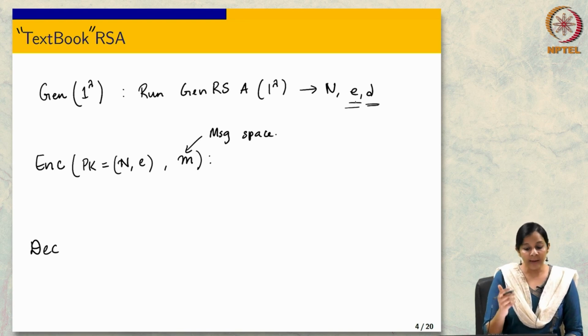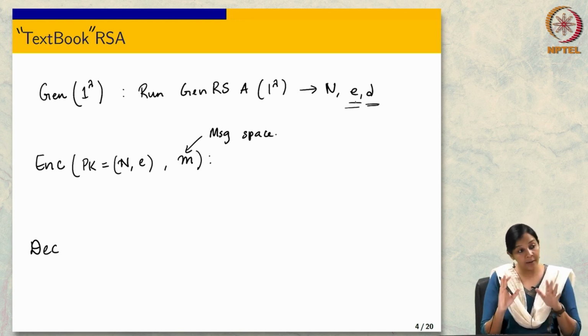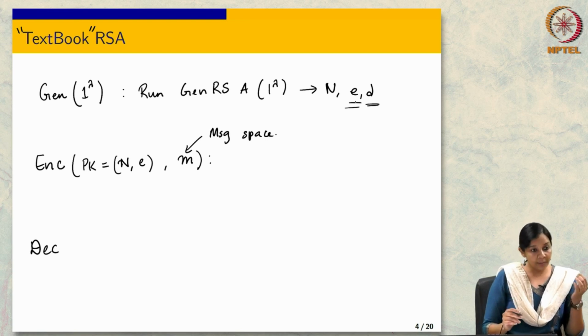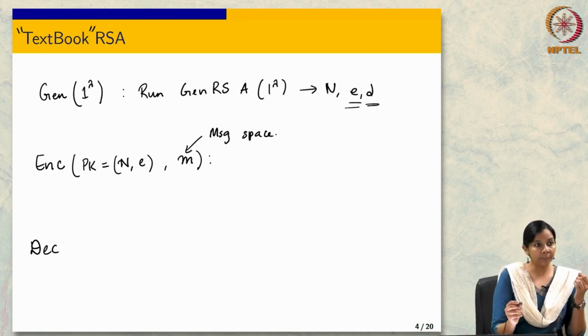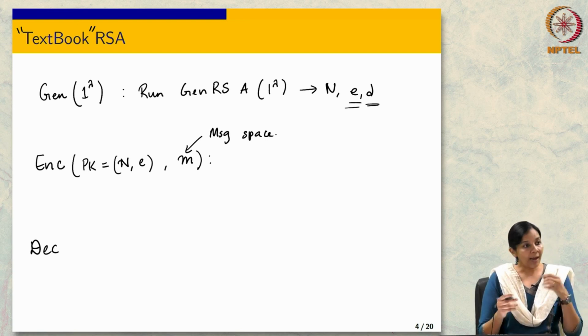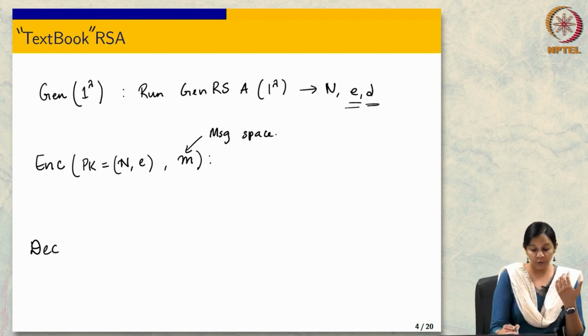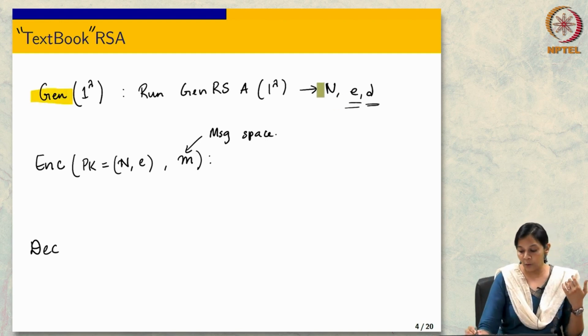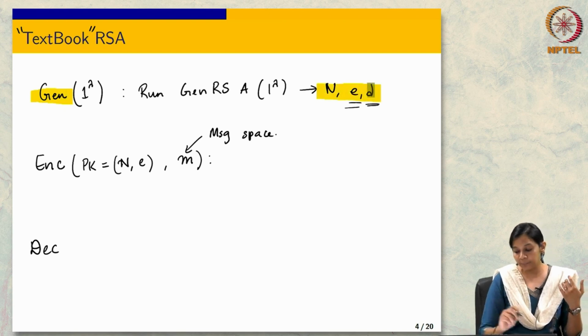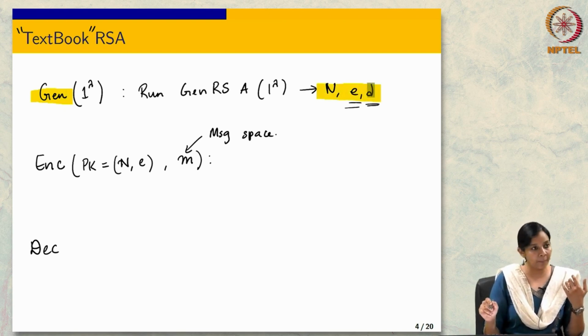Point 2 is that now we are being rigorous. When we are being rigorous, we have to talk about which algorithm takes what as input and gives what as output. So our Gen algorithm is outputting the public key and the private key, right.